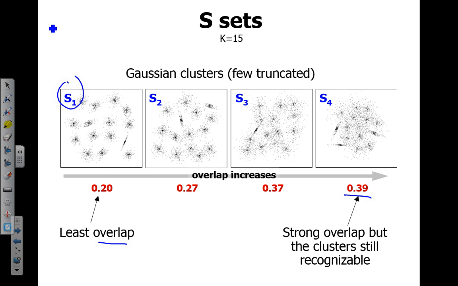According to this measure it doesn't look that serious, but if you look at the picture, yes, it is a little bit messy, but we can still recognize where the clusters are, and any good algorithm will have no serious problems solving it. But if the algorithm is too simple, it is a good test of whether the algorithm works on this or not. So by default, you would assume that this is the most difficult of these, right?